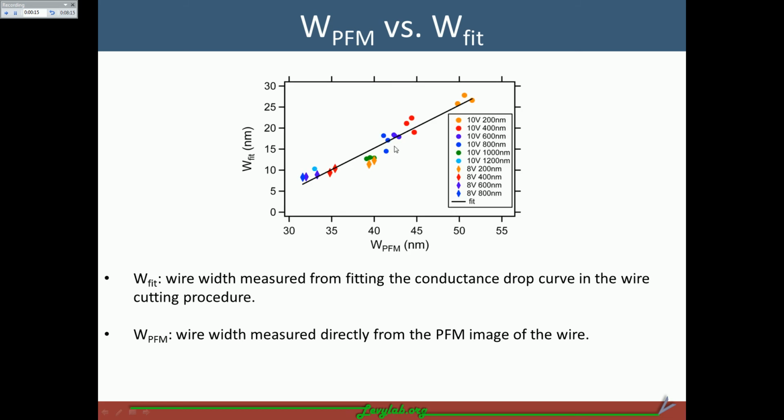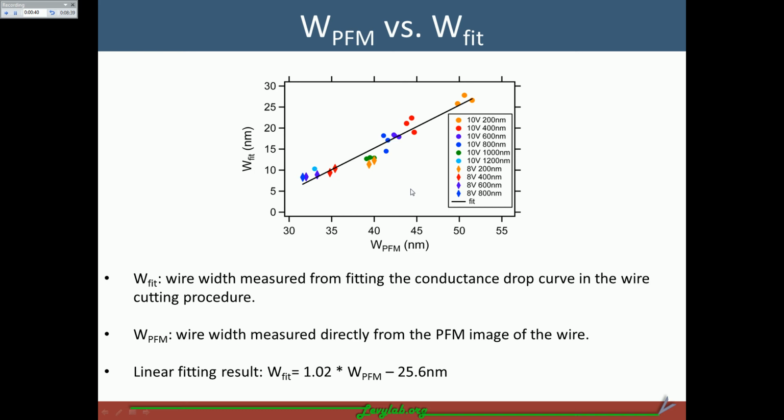By plotting these two, we can get a linear fitting result like this, which means there is a 25.6 nanometer convolution between the tip and the sample surface, which makes the wire width measured from PFM larger than the wire width measured from the conductance testing.